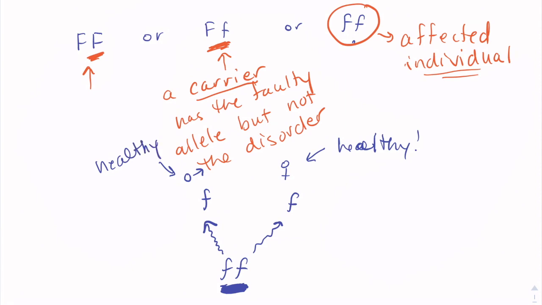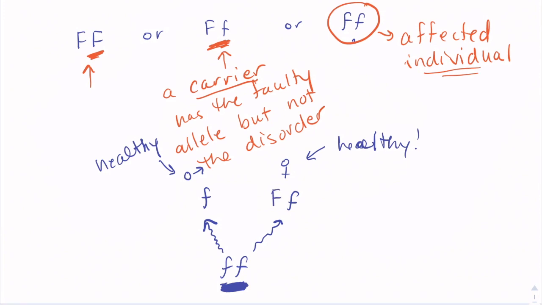And it turns out they are healthy, but they are carriers. So we know that this mystery allele right there must be a dominant allele. So both parents must be heterozygous to be healthy individuals and still have a child with the disorder.